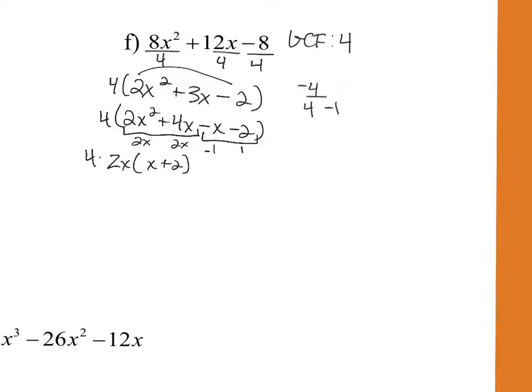I need to pull out a negative 1, so the signs match. Then when I divide, I end up with x plus 2, which is what I wanted anyway. So x plus 2 is my new GCF, and 2x minus 1 is what is left over.